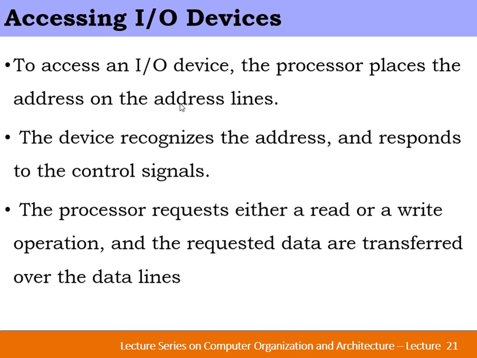Here the role of the address lines is to carry the address of the IO device, and the role of the data lines is to carry the data information. The data might be traveling from processor to IO device, or from IO device to processor. Whenever the data is traveling from IO device to processor, it is a read. When data is transferred from a processor to an IO device, it is a write operation.